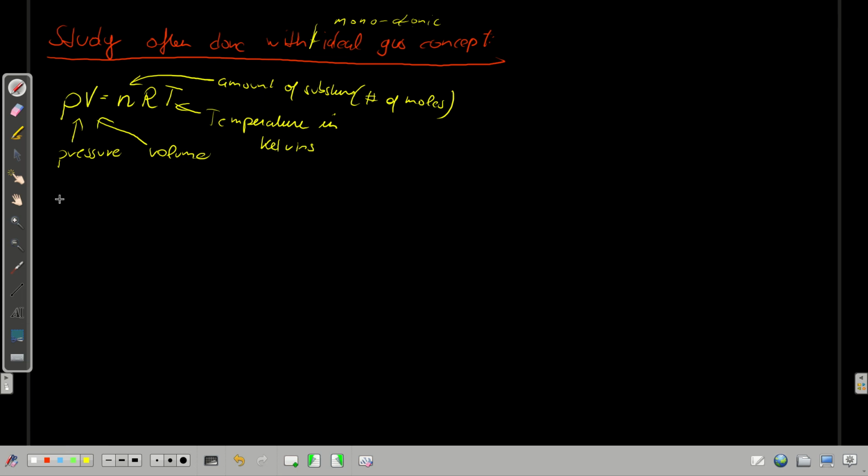And besides this, there is the CV, which is the volume heat capacity.